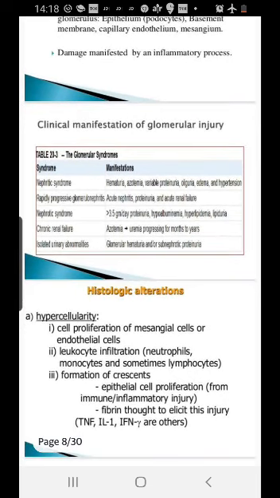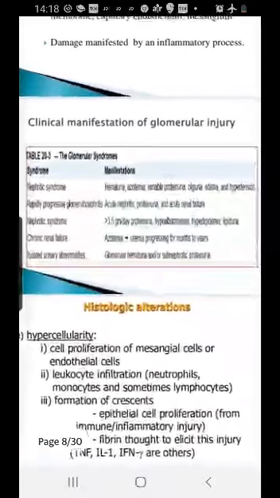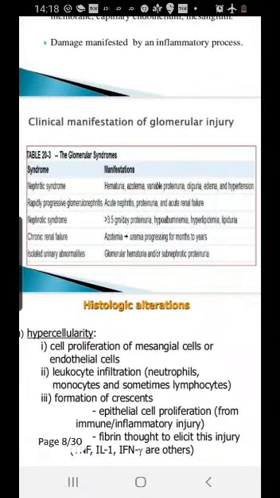Clinical manifestations can be in the form of nephritic syndrome, nephrotic syndrome, rapidly progressive glomerulonephritis, chronic renal failure, and isolated urinary abnormalities. Clinically, when you deal with a patient, you should be able to differentiate whether we are dealing with a nephritic or a nephrotic patient.